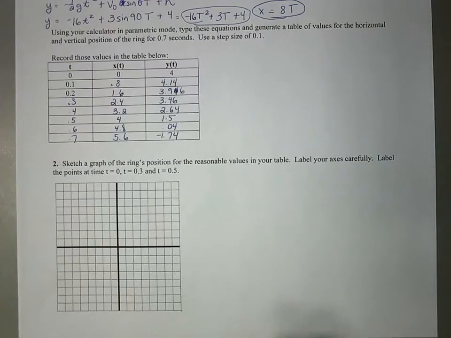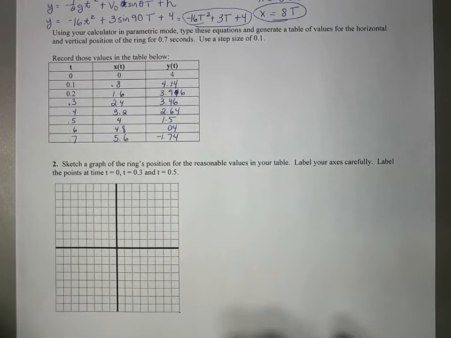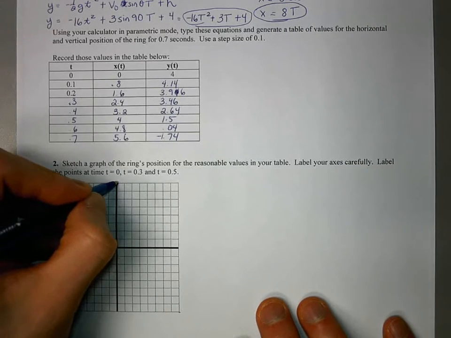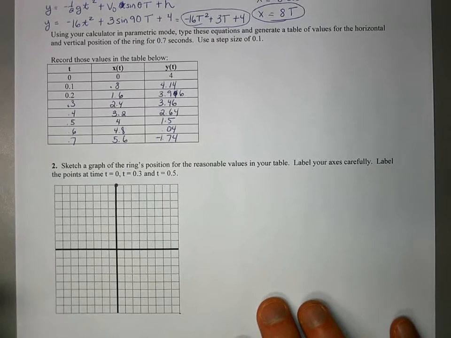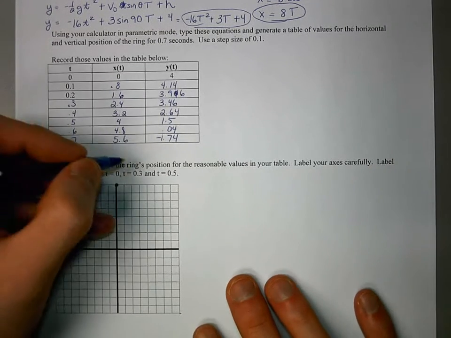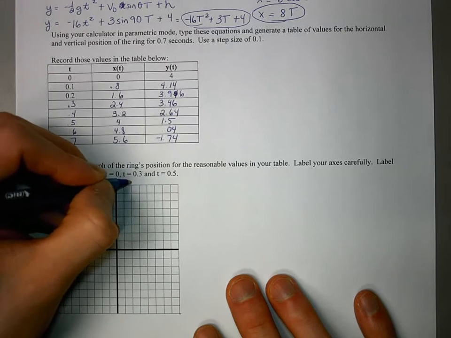So I want to sketch a graph of the ring's position and label my axes. For here, I'm just going to graph this, and I'll let that guy right here be 0, 4. And then at 0.8, I'm going to be at 4.14.